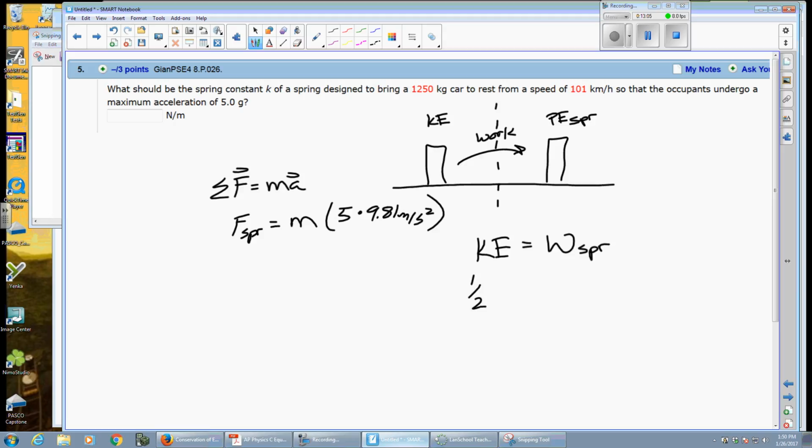So 1/2 mv squared is going to equal the force done on it. And actually, this should be delta KE here, to be completely correct.